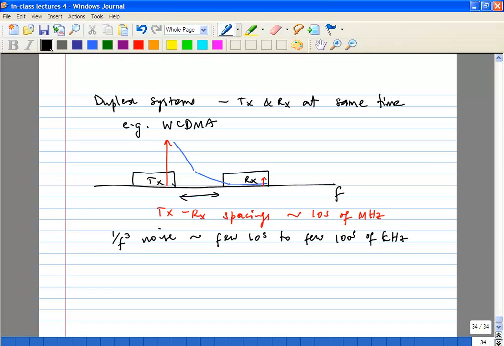Let's call it 1 over f cube. Your 1 over f squared could be a few tens, maybe 10, maybe 20, something like that. So maybe from 1 megahertz to maybe 20 or 30 megahertz, and beyond that will be your flat noise.